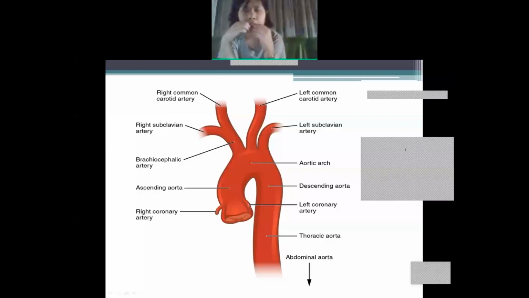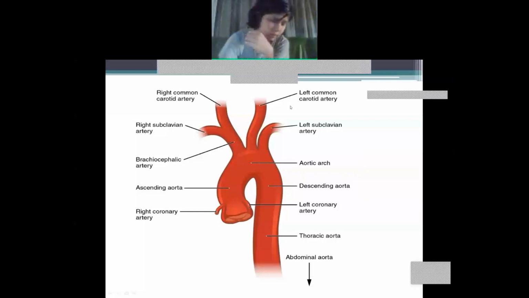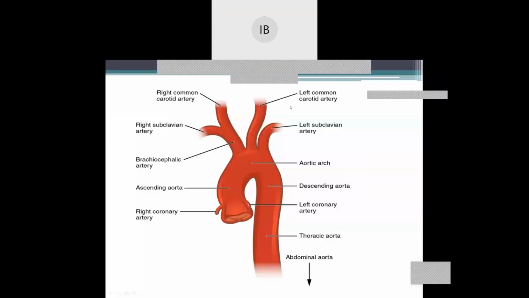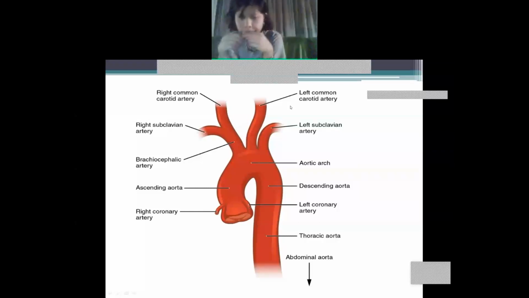Okay, Ilashra, can you tell me the parts of this aortic arch? Brachiocephalic artery. Okay, please speak a bit louder.